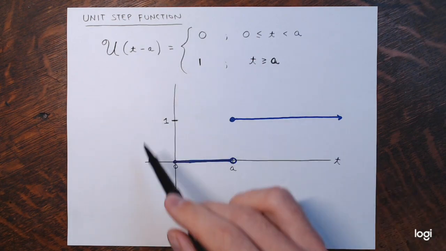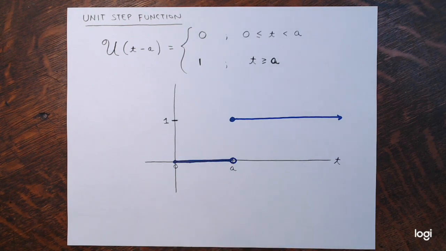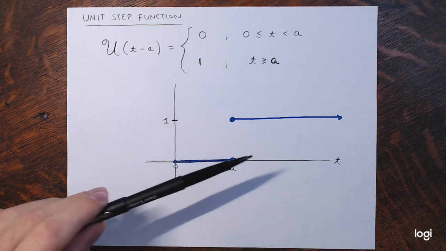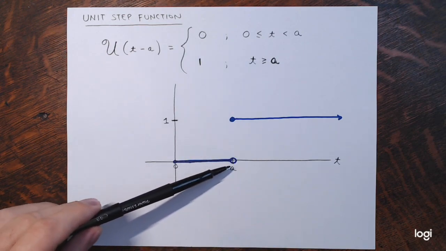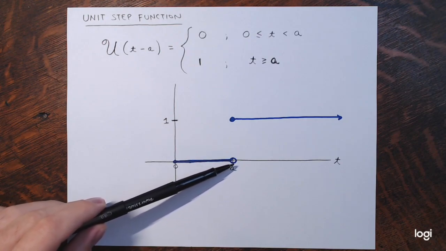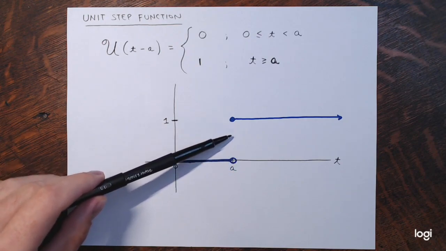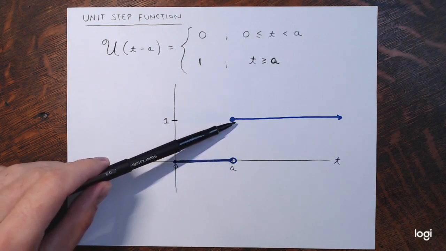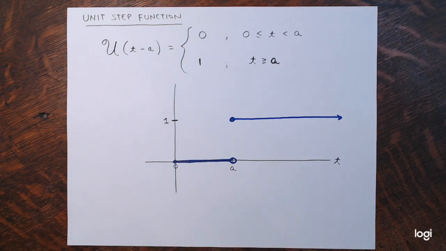Here's a graph of the unit step function, if the horizontal axis were the t-axis. From 0 to a the output is 0, but not at a, so there's an open point there. And then I jump up when t equals a, the value of this function is 1, and it stays 1 for all the values beyond a.